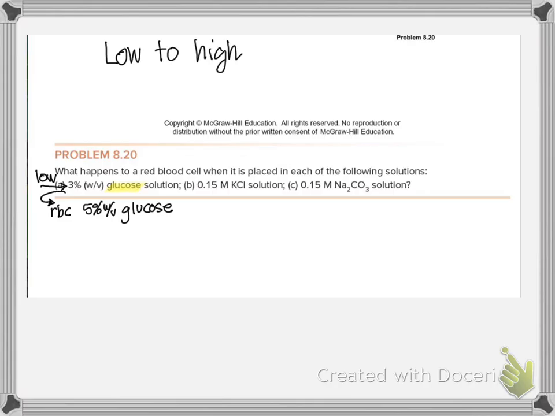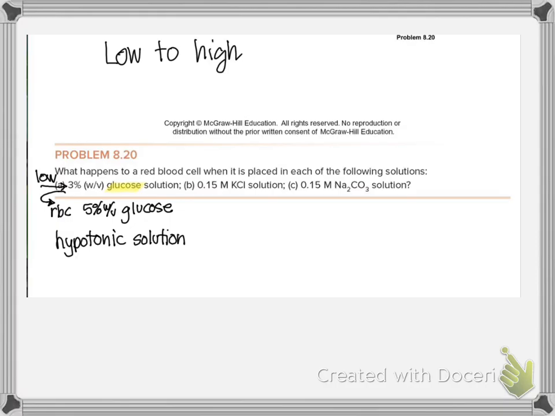So we have placed it in a hypotonic solution, right? Because the solution is 3% and our reference red blood cell is 5%. And in hypotonic solutions, the water will flow into the red blood cell.